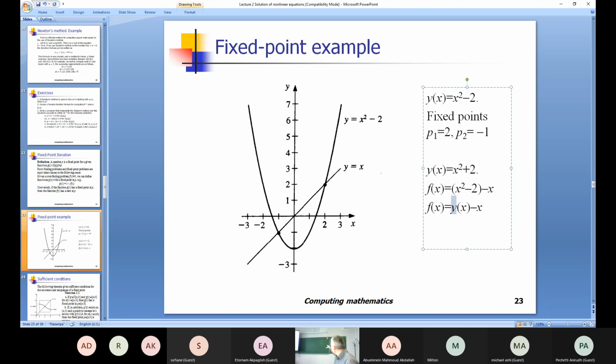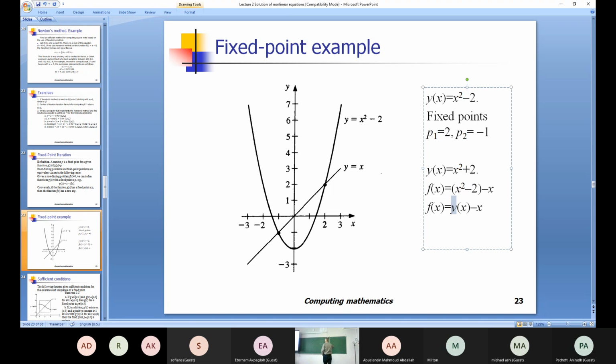Please substitute here 2. X equals 2, 0. X equals minus 1, also 0.